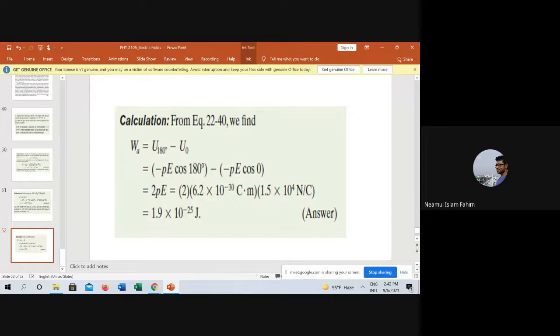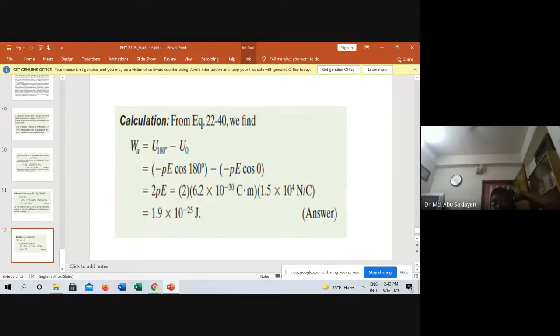Sir, external work done, you need to do it. Yes, external work. You have to give this if you want to rotate it by 180 degrees. If you want to do this work by the electric field, not an external agent, then if it rotates 180 degrees, you will get this work done.